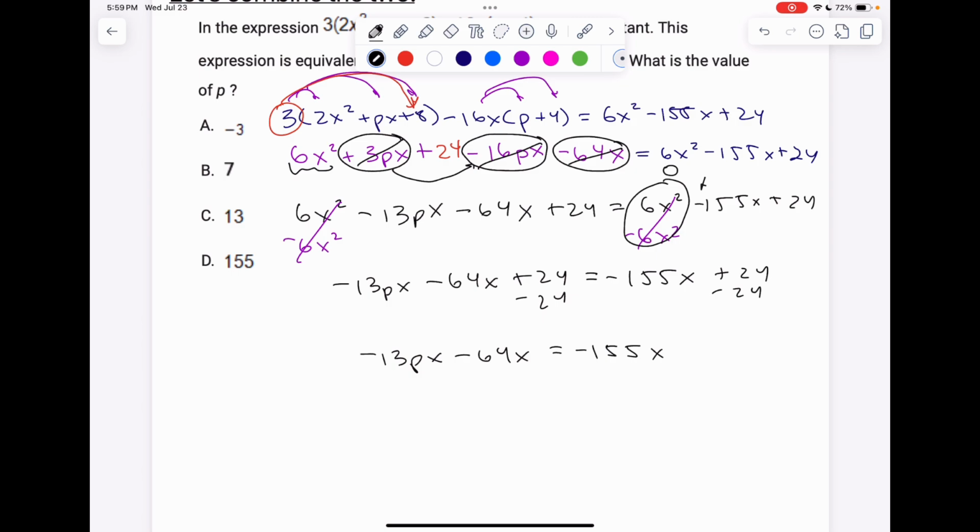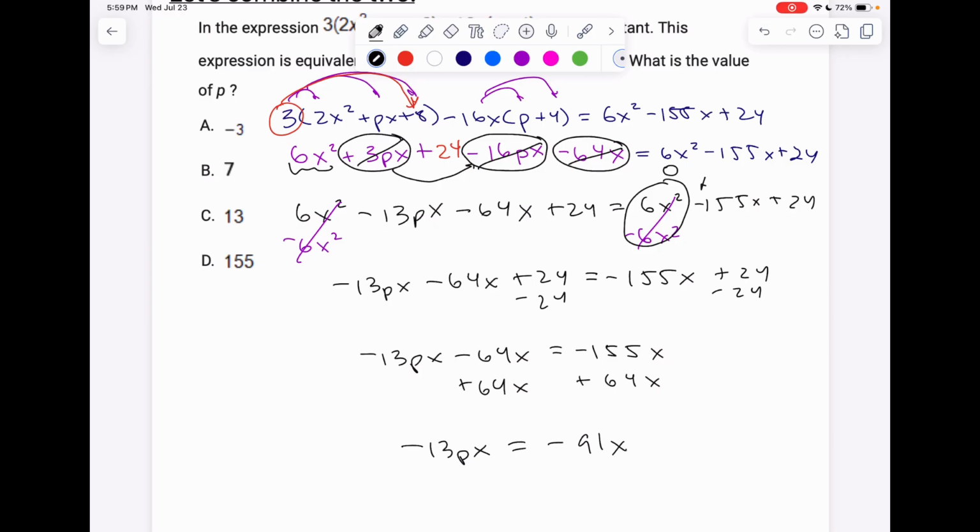Okay, well, look, I have the x terms here and here. Let's combine like terms. Let's add 64x to both sides. We'll get negative 13px equals negative 155 plus 64, which is negative 91x.